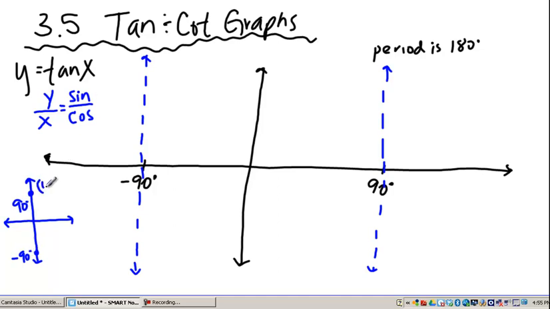Our point values are (0, 1) for 90 degrees, and (0, -1) for negative 90 degrees. If we put y over x for tangent of 90, we would have 1 over 0, which is undefined, hence it makes an asymptote. Same is true for tangent of negative 90: 1 over 0, hence another asymptote.